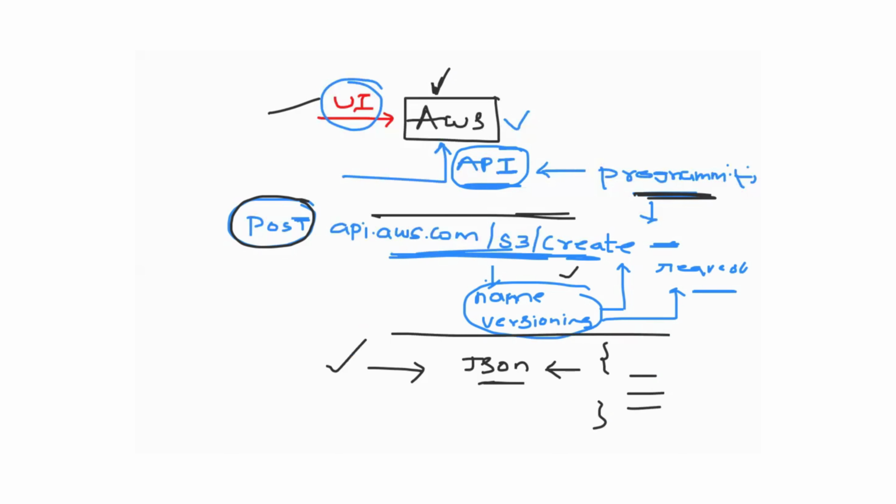Now, this is not so easy, right? You might be thinking, Abhishek, this is very difficult because I don't know programming, I'm very new to programming, or I don't like programming at all. That's why I chose DevOps. So don't worry.